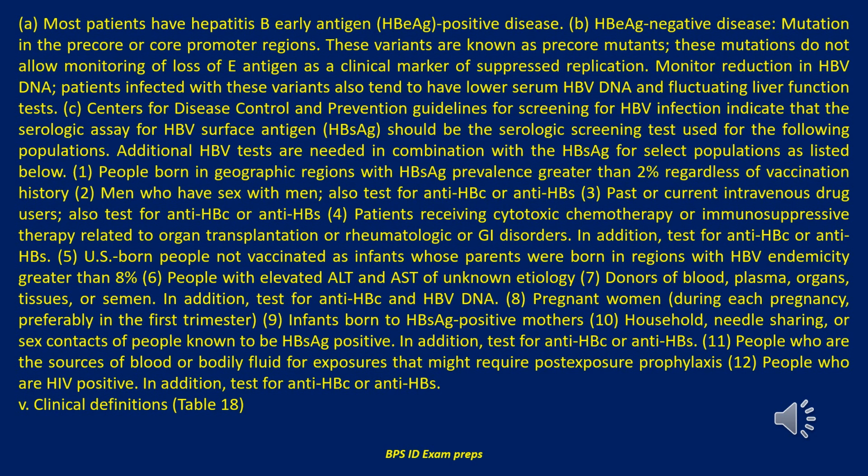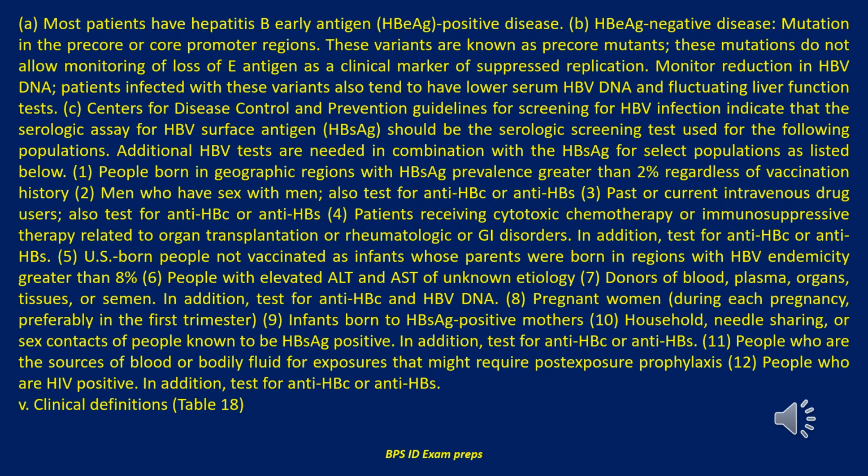C. Centers for Disease Control and Prevention guidelines for screening for HBV infection indicate that the serologic assay for HBV surface antigen (HBsAg) should be the serologic screening test used for the following populations. Additional HBV tests are needed in combination with the HBsAg, for select populations as listed below. 1. People born in geographic regions with HBsAg prevalence greater than 2% regardless of vaccination history. 2.